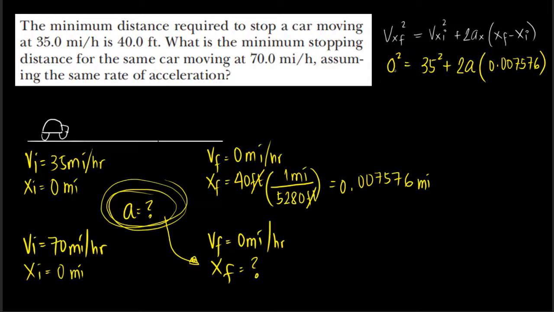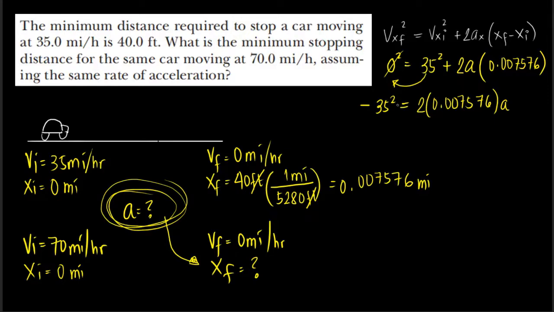Now, we have a 0 here, so we move 35 squared to the other side of the equation. This becomes negative 35 squared equals 2 times 0.007576 A. I rearranged it. Remember, it's not positive anymore: it's as if you put 35 squared in the calculator and get a certain answer, but when you transpose it to the other side, the value becomes negative.